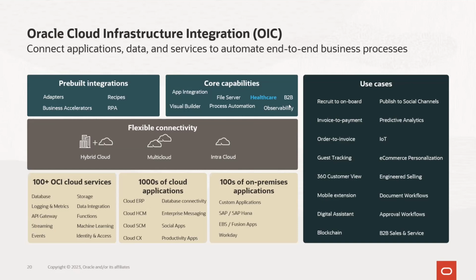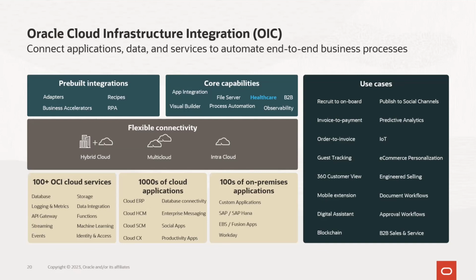We also have a B2B component, which gives you the opportunity to define trading partners: which companies am I going to be exchanging electronic documents with? The standards that we support are EDI, EDIFACT, X12, UN, et cetera, RosettaNet, different file formats, custom file formats, et cetera.